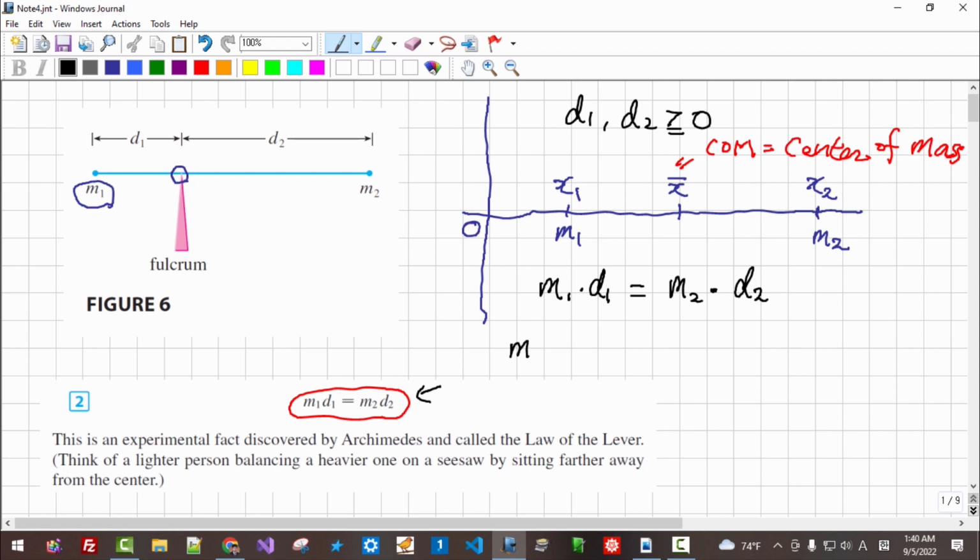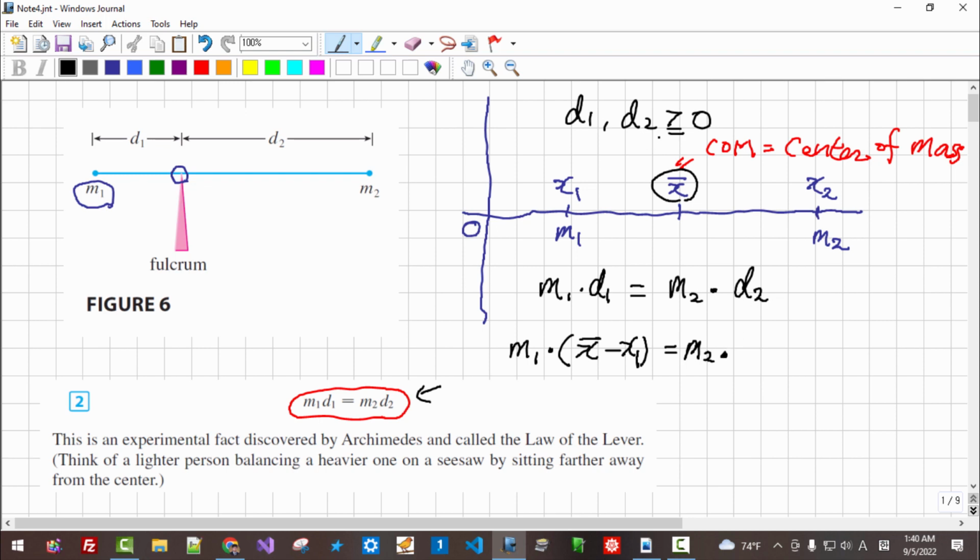So M1 times, if D1 is greater than 0, we should subtract from x bar x1, equals M2.